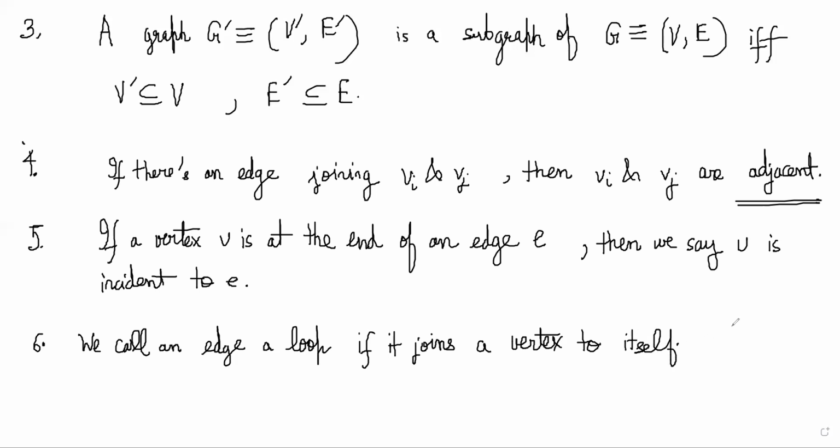So basically, if you have a graph like this, with vertices A, B, C, there are some edges and one edge is weird like this. This edge is called a loop because it is joining vertex C to itself. This is a regular simple edge between A and B. That is also a pretty straightforward definition.